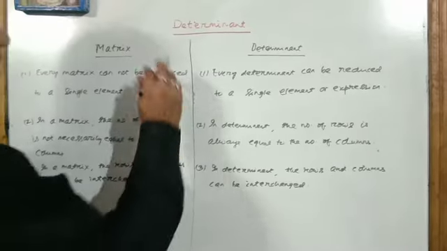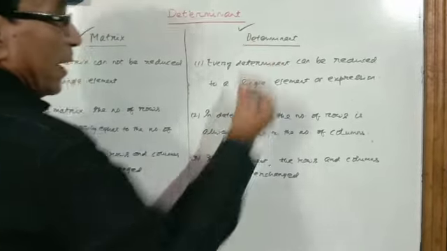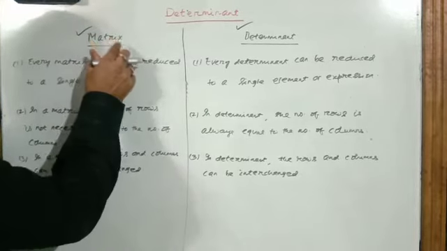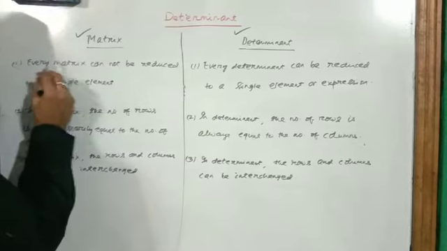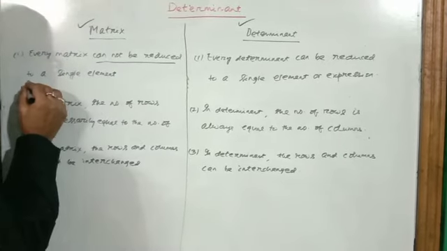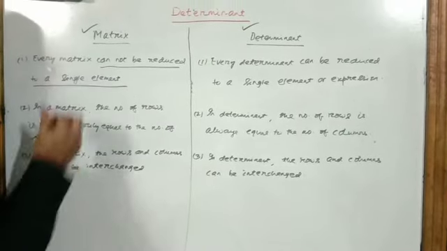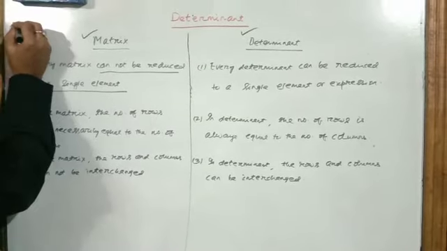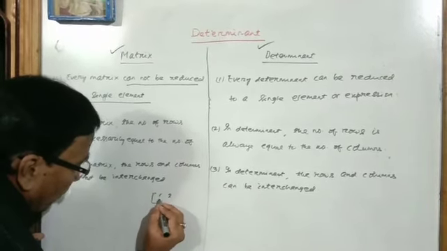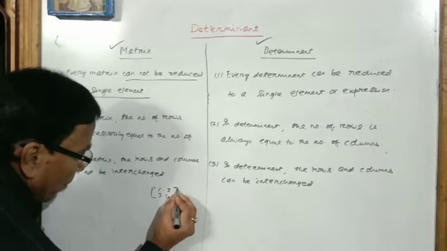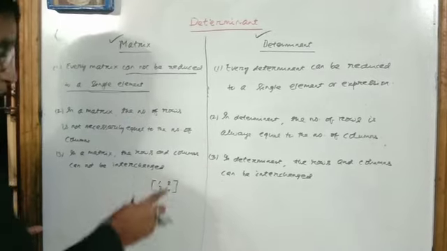Now next we will consider what is the difference between matrix and determinant. This is very important. Here you see that every matrix cannot be reduced to a single element. That means if you take the matrix 1, 2, 3, 4, this matrix cannot represent a single element.